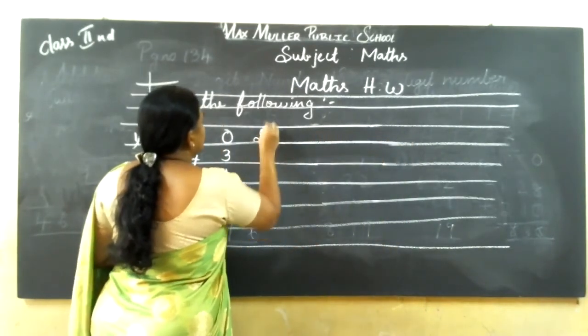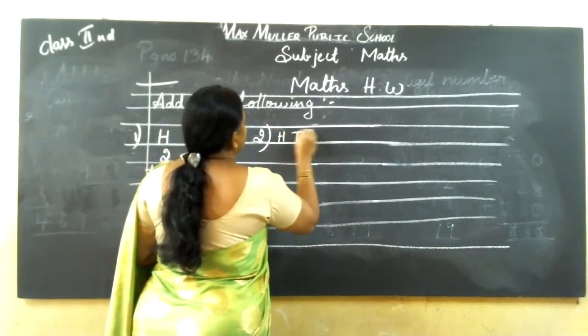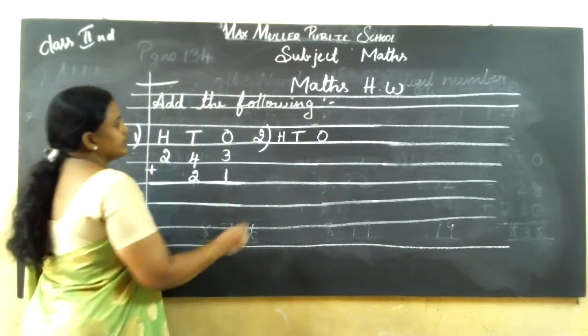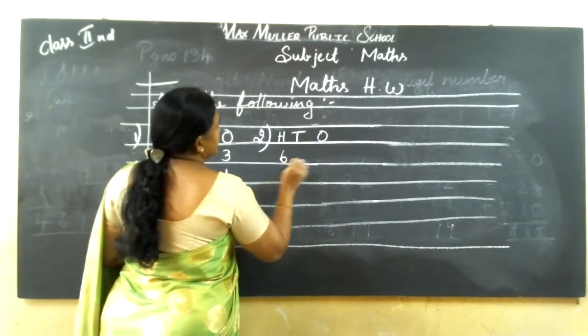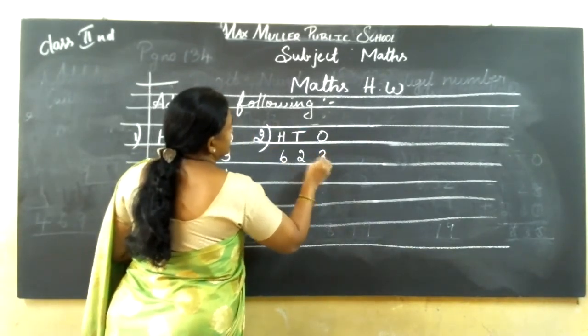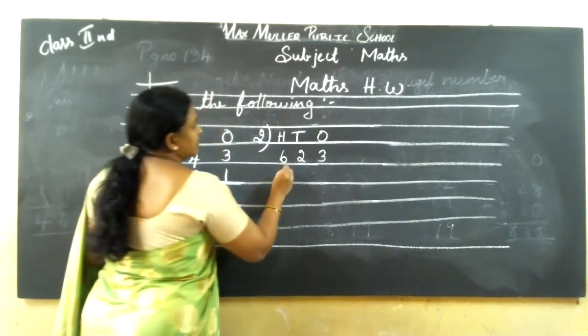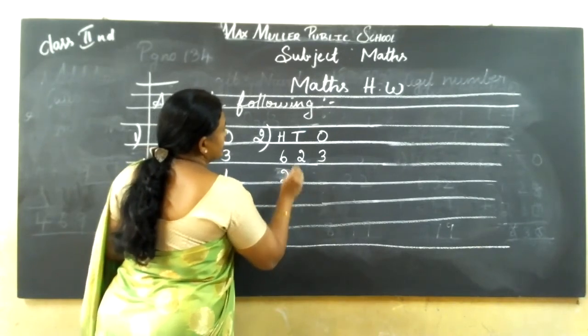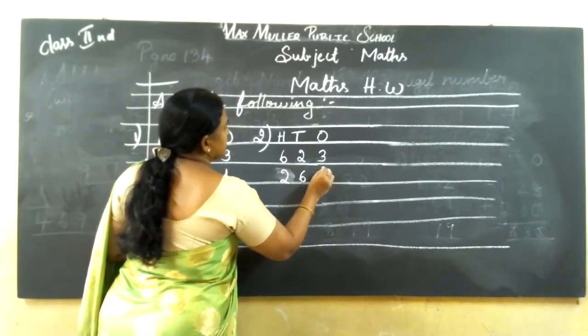Second one, 100, tens, ones. Here, 623, 4, sorry, 26.